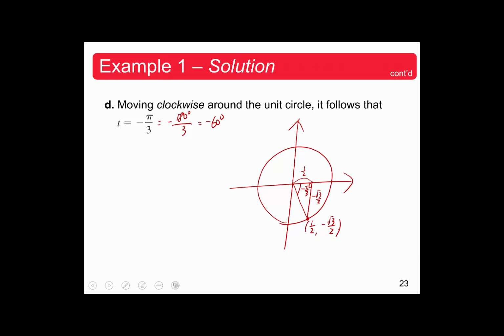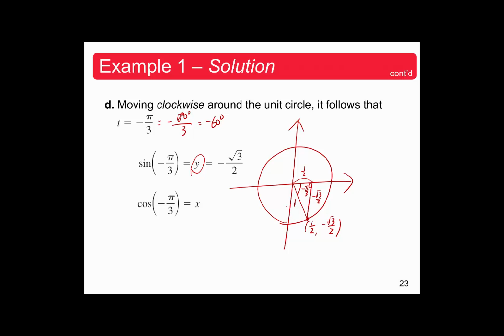Okay, now we can find the sine and cosine. So sine -pi/3 is equal to opposite over hypotenuse, so negative radical 3 over 2 over 1, which is the same thing as the y value, negative radical 3 over 2. Cosine -pi/3 will be adjacent, half, over hypotenuse 1.